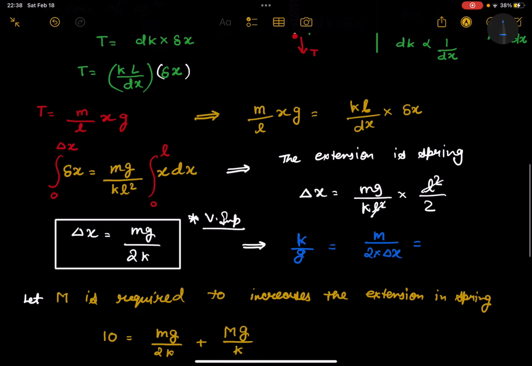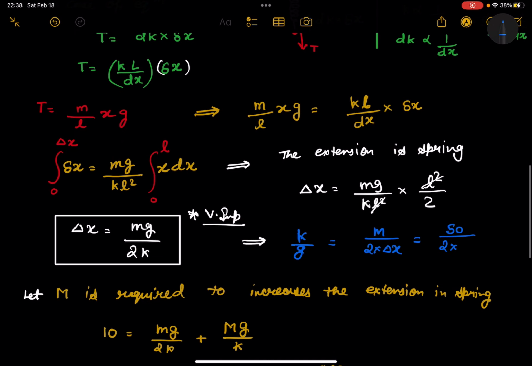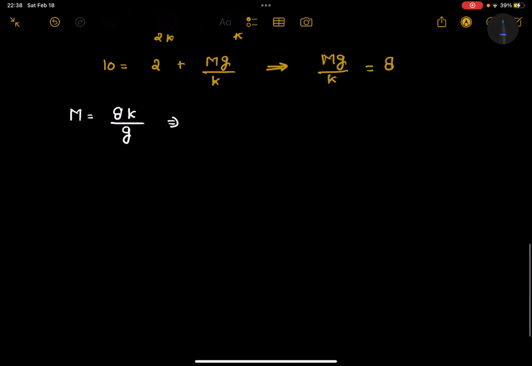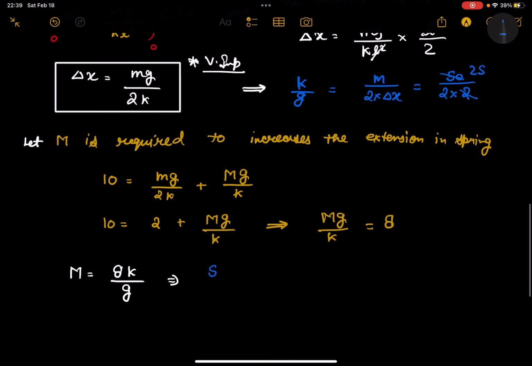So I write 50 gram divided by 2 into delta x, which is 2 centimeters. So that is 25. So here I put the value of 8 into 25 by 2, and you can say that the mass is 100 gram.